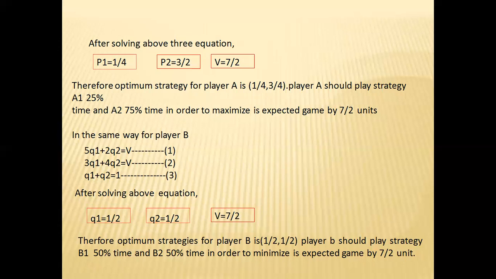Similarly we find the values for player B, and upon solving we obtain 50-50. That is, 50% of the time will be played by B1 and 50% by B2, in order to minimize, and it is 7 by 2 units. Hence A relates to the maximization condition, and B relates to the minimization condition.